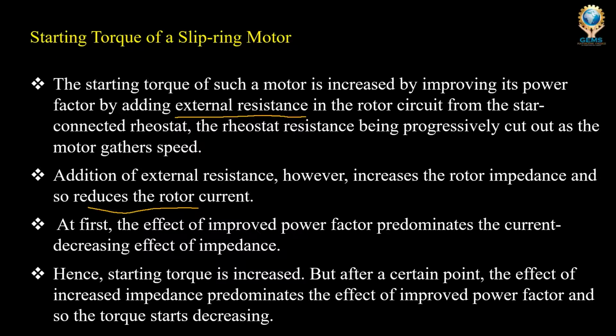Okay, the current will decrease so that the torque will be reduced, but the effect of the power factor improvement will dominate this effect, so the starting torque will be increased. But after a certain point, the increased impedance effect will predominate, so the torque will start to decrease. Torque starts decreasing.